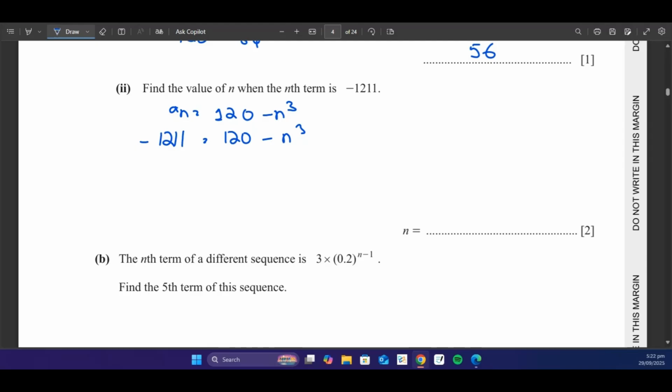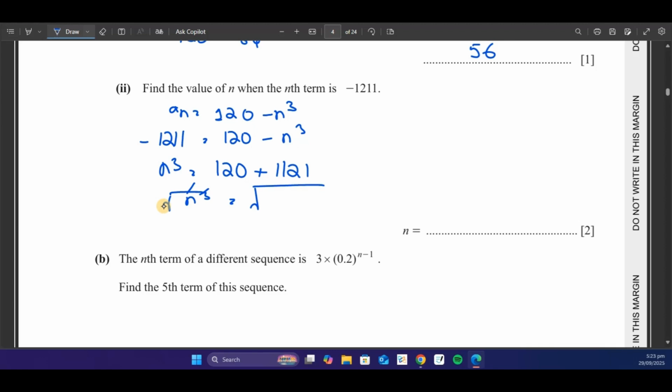We know the term, but we don't know the value. So we're going to say n cube is equal to 120 plus 1211, and that should give us n equals the cube root of 1331, and that should equal 11. All right, perfect.